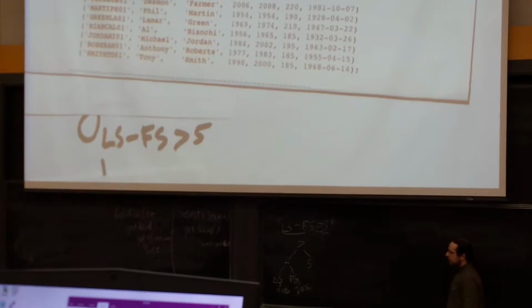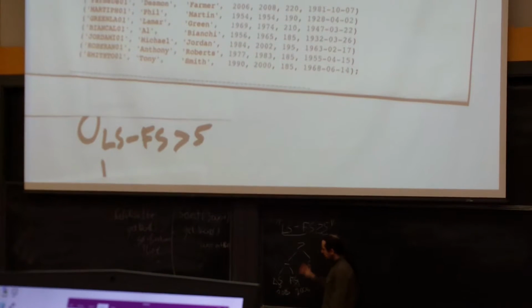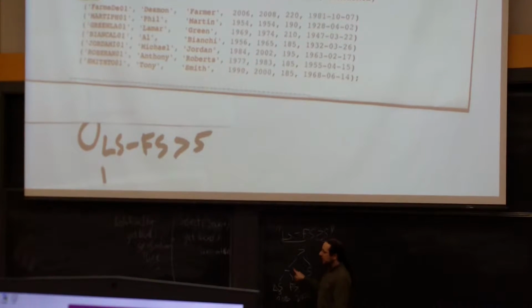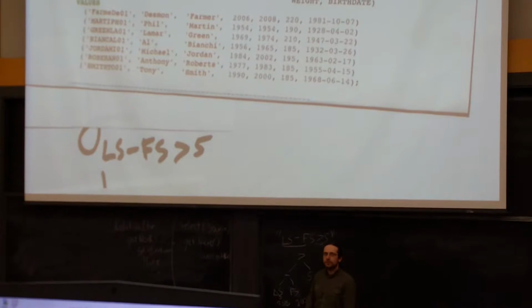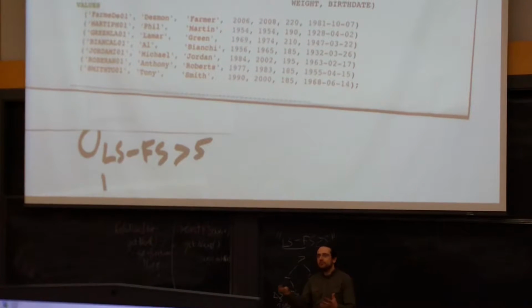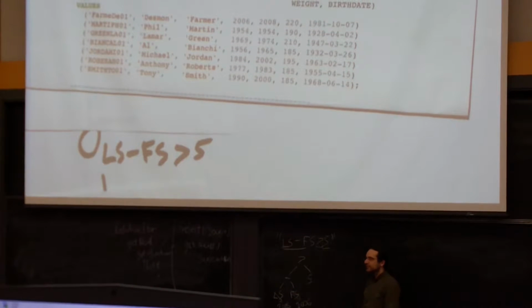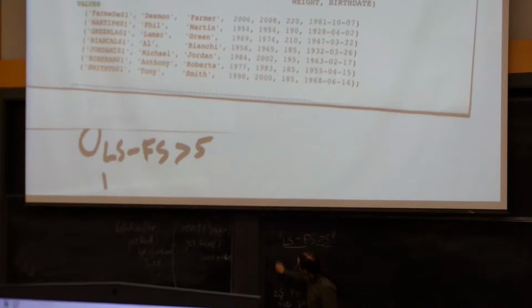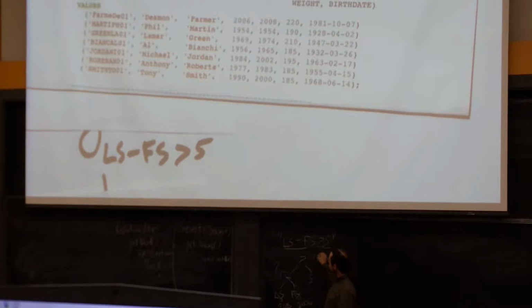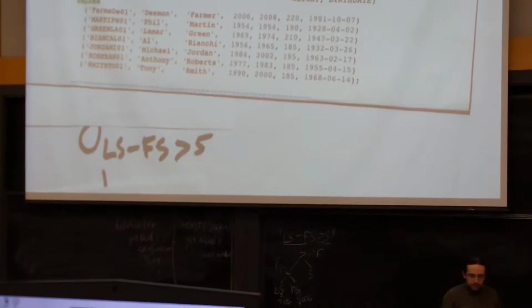It has no variables in it. I can reduce it down to 2008 minus 2006. I know you're computer scientists. I can't do math either, but this whole thing reduces to 2. 2 is not greater than 5, so this whole thing reduces to false.